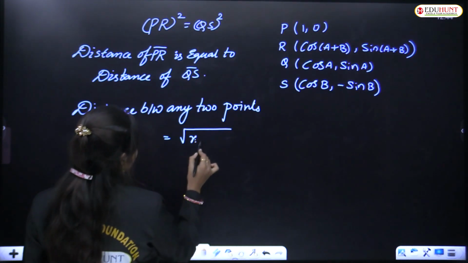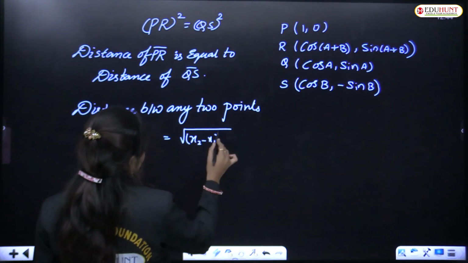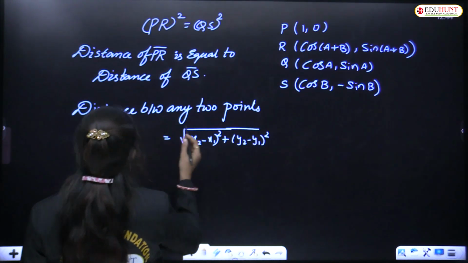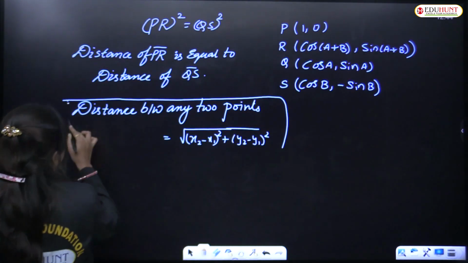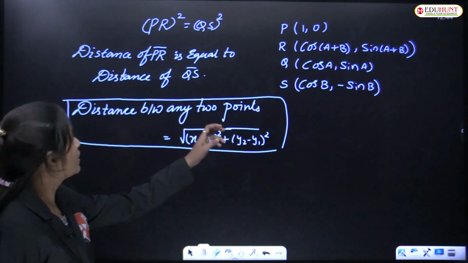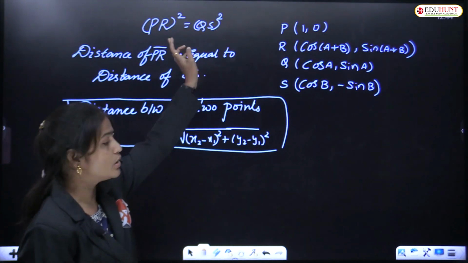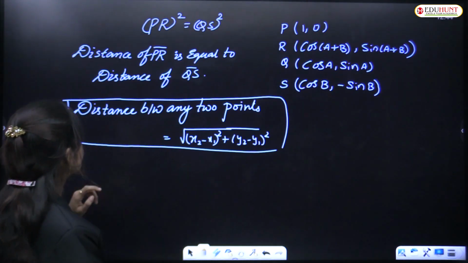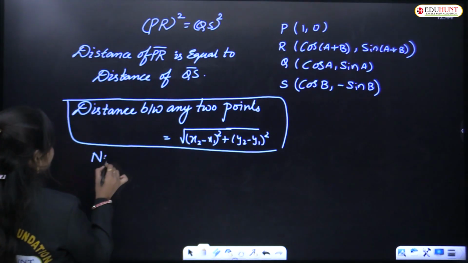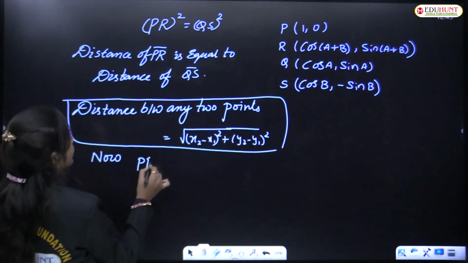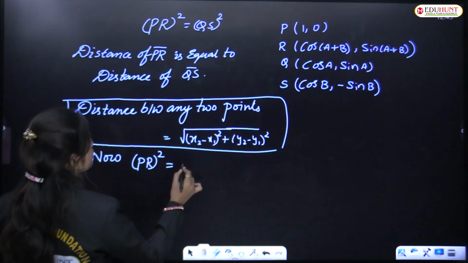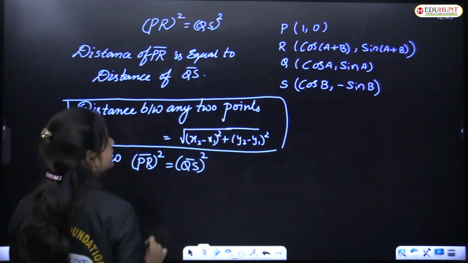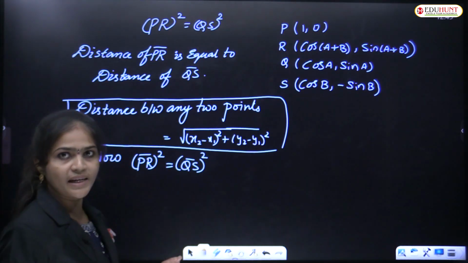Square root of x2 minus x1 whole square plus y2 minus y1 whole square. So this is the formula we have to apply. Okay, but already here we have taken squares, no? So if you apply squares, then square and root get cancelled. So now PR whole square is equal to QS whole square. Okay, so I am not writing the square roots here. Why? Because square roots will be cancelled, no?